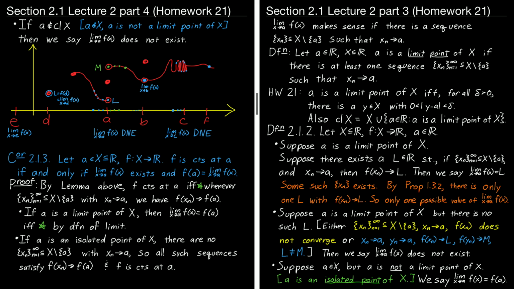So any function is continuous at an isolated point, but also we have defined the limit of f of x as x goes to A to be f of A for any isolated point. So our two conditions that we're trying to show are equivalent are equivalent at an isolated point because they're always true. So whether it's an isolated point, which is the boring case, or a limit point, which is the interesting case, our two conditions are equivalent, and that completes the proof.